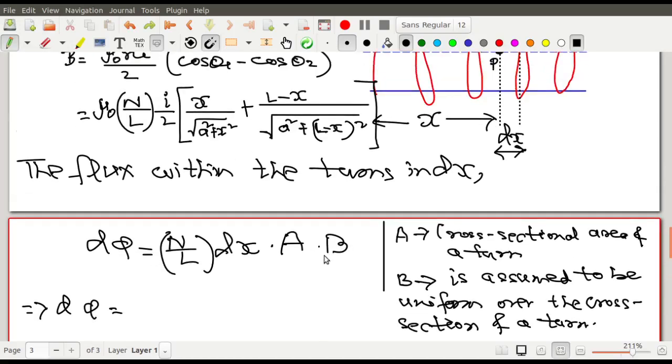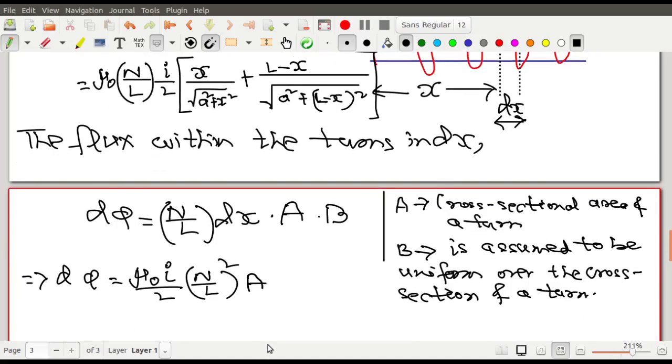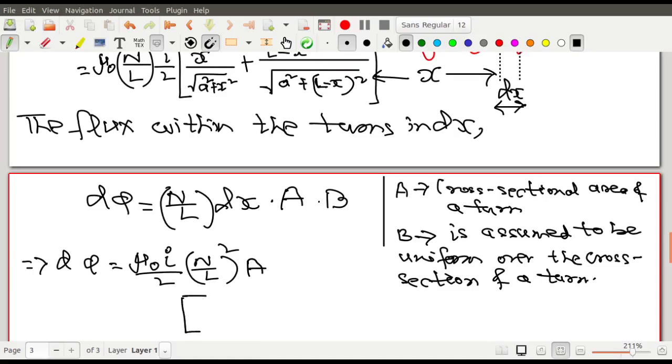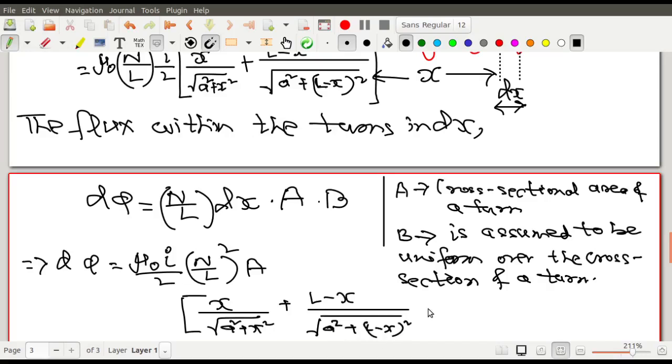So you see that if I put the value of B, so then it is mu 0 I by 2, leave it, n by L whole square, leave it, তাই তো? mu 0 I by 2, n by L দুবার আছে, so এটা whole square হবে, leave it, then there is a capital A, fine, and then you write the terms within the third bracket with a dx, x divided by root of a square plus x square plus L minus x divided by root of a square plus L minus x whole square, this one totally multiplied to dx.